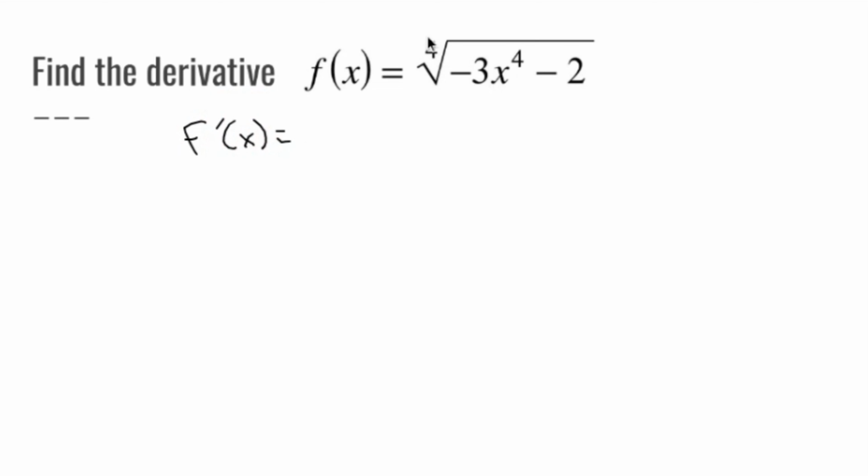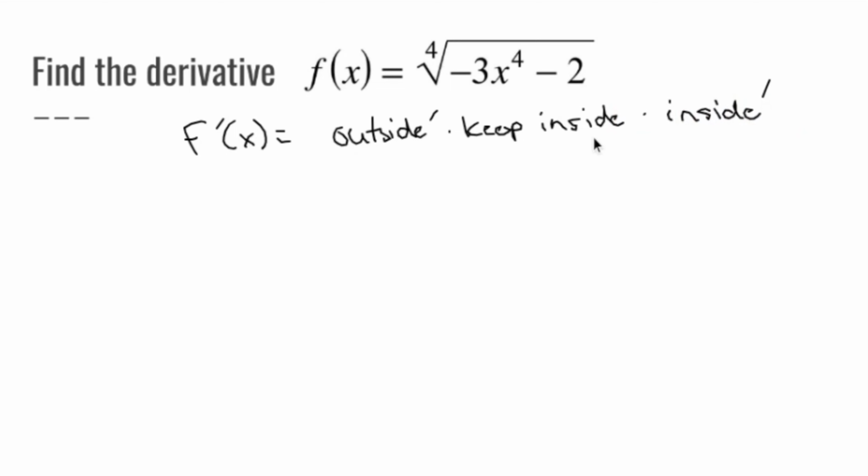I have an outside stuff and I have an inside stuff. What you're going to do is take the derivative of the outside stuff, keep the inside, and multiply everything by the derivative of the inside stuff.